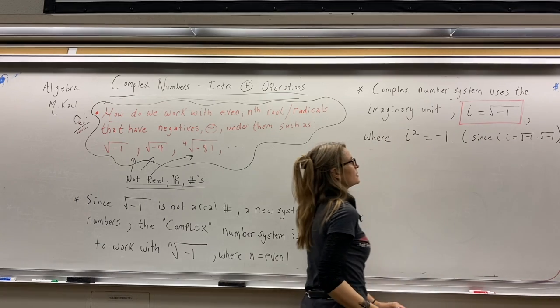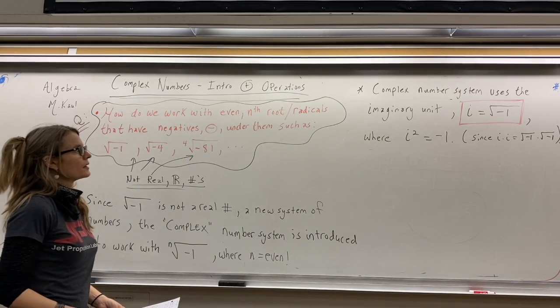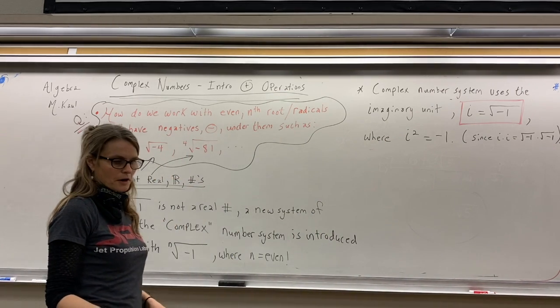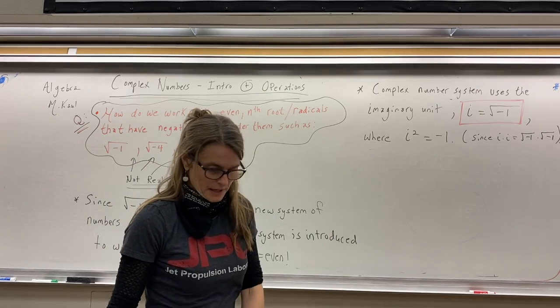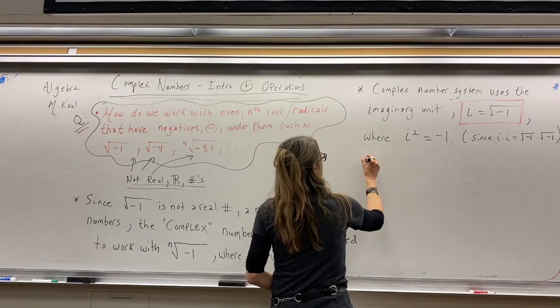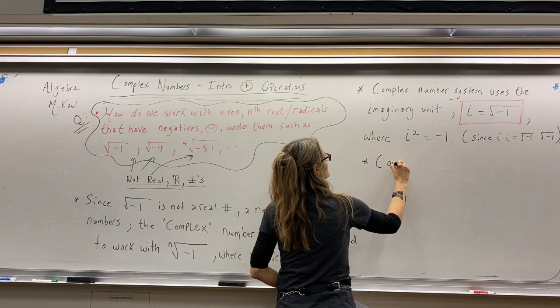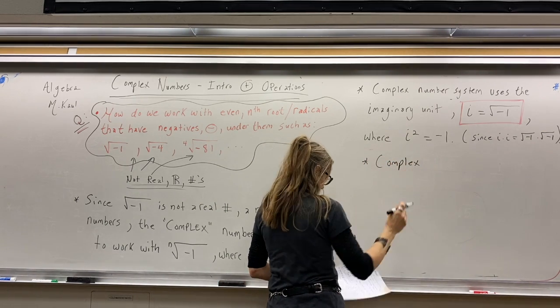Okay, there's a basic rule there. Our complex number system is going to use these imaginary components, these imaginary units. So here is just a basic outline of the complex number system.